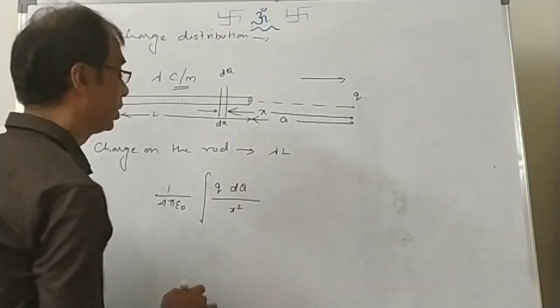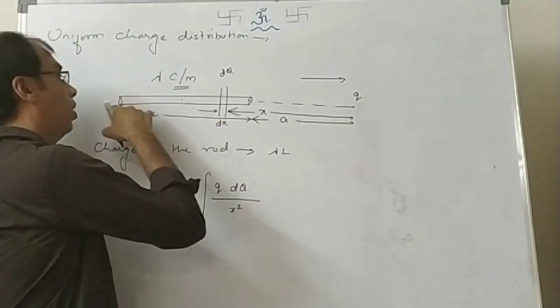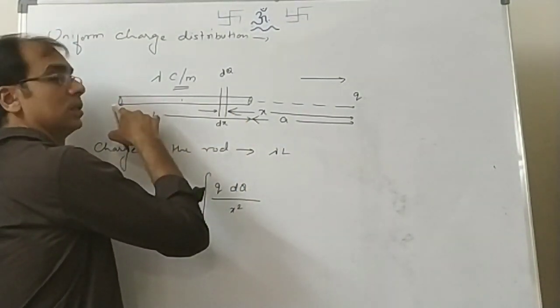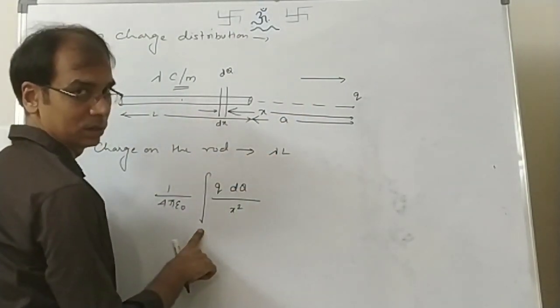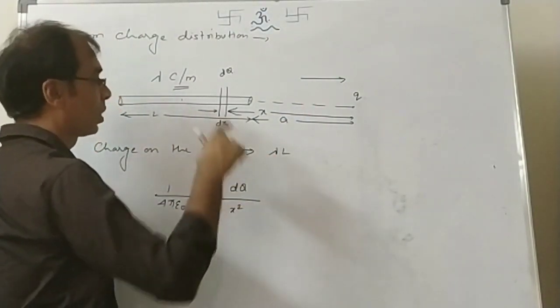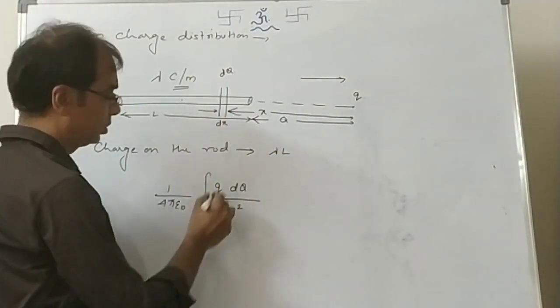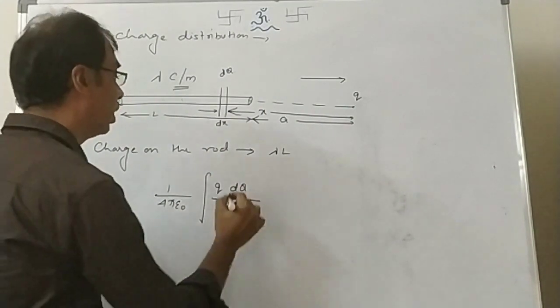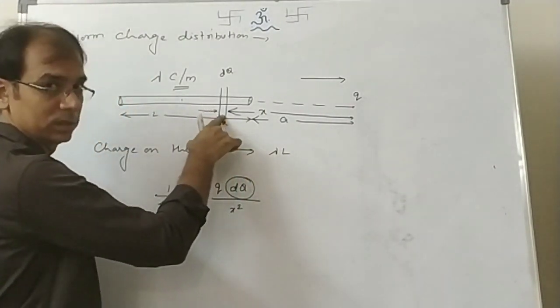Why integration? Because this is the force due to one only. We have to have all those along this, and then we have to add them. That addition process is only called integration. Understood that? Write it because of one and integrate that. Now here what is this dq? dq is the charge on this small portion.